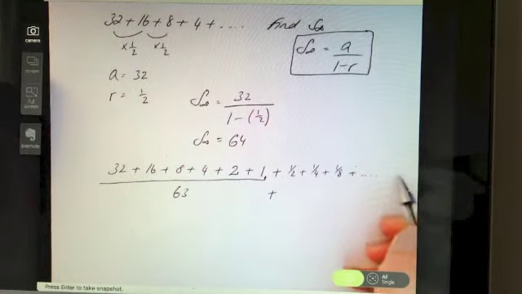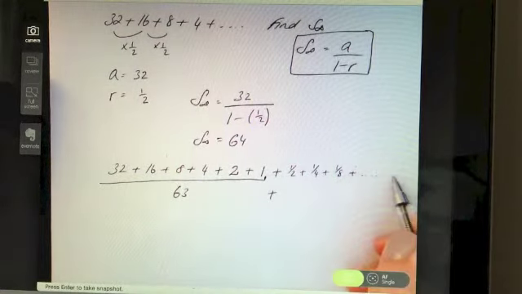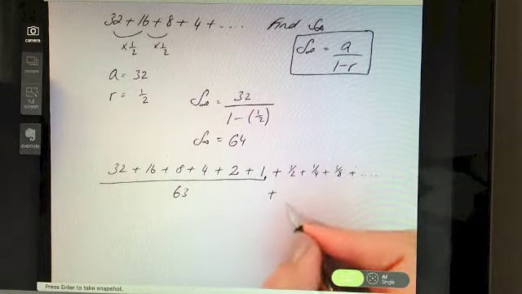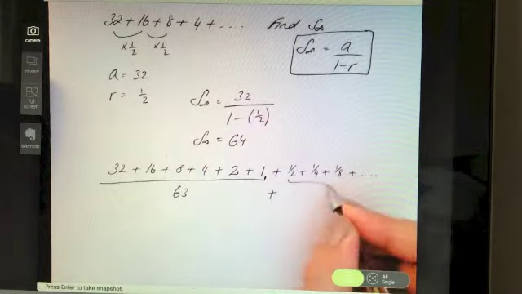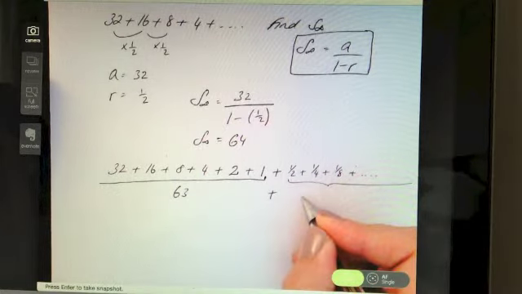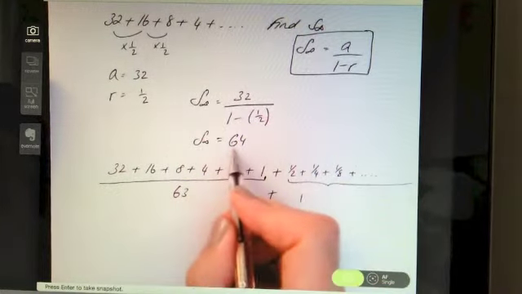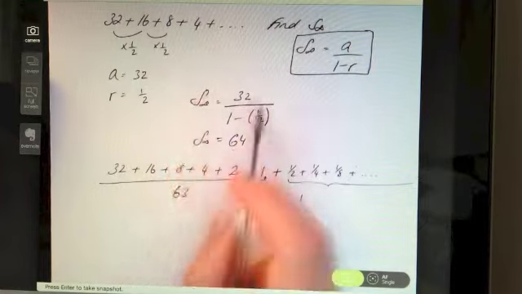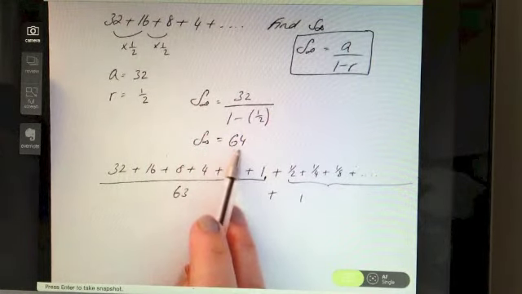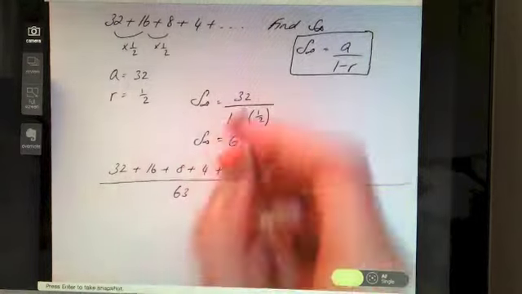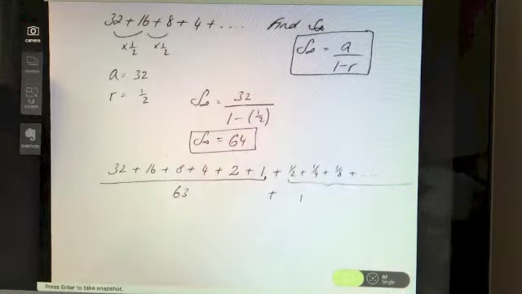The sum of these moving forward will tend to 1. So the sum of the whole series would get closer and closer to 64. So that is your answer.